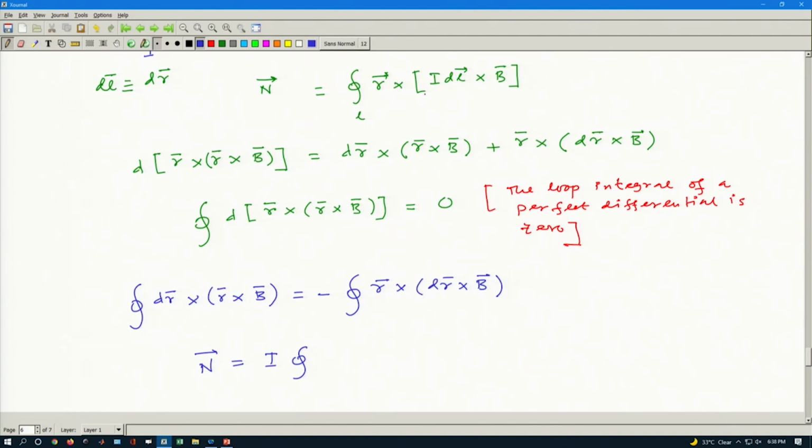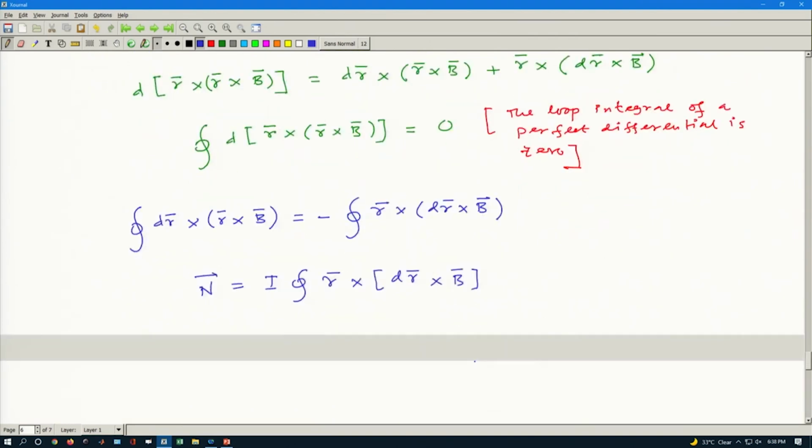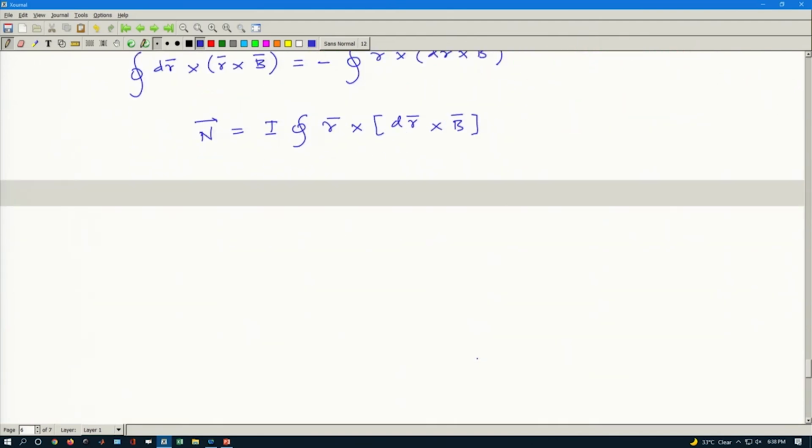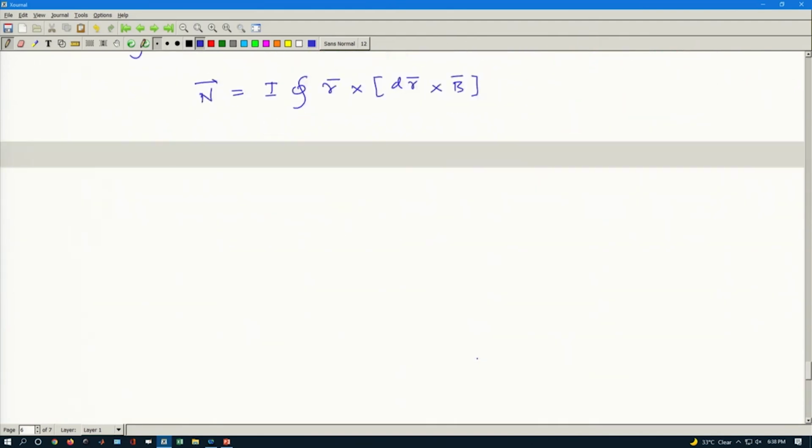Then I can take I outside, and dl is dr. So, from here I can write N is equal to I closed line integral r cross dr cross B.